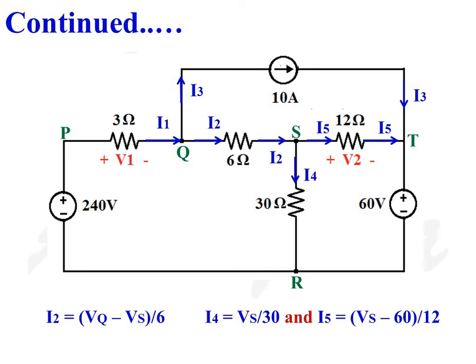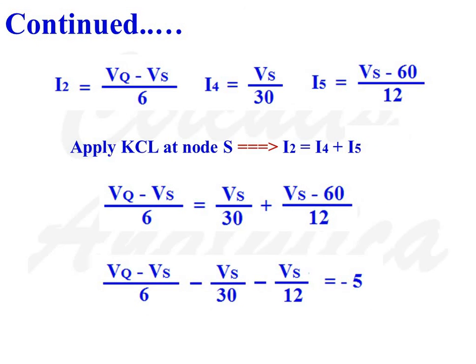Therefore, I5 is equal to Vs minus 60 the whole divided by 12. So I2 is equal to Vq minus Vs by 6, I4 is equal to Vs by 30 and I5 is equal to Vs minus 60 the whole divided by 12.